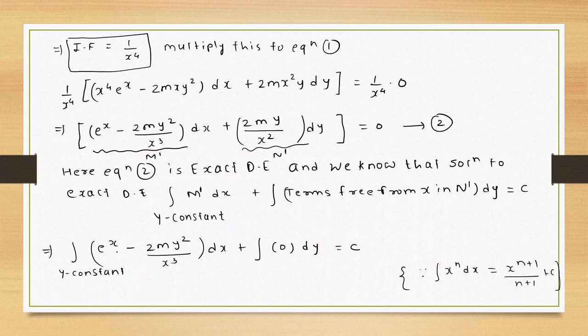Now take the integration of this. What is the integration of e raised to x? E raised to x as it is, minus 2y square as it is. What is the integration of 1 upon x cube? It is x raised to minus 2 upon minus 2 is equal to c. Now this minus 2 and this minus 2 get cancelled.